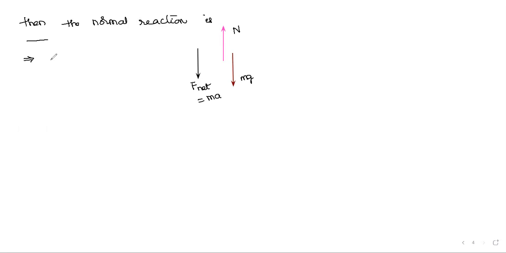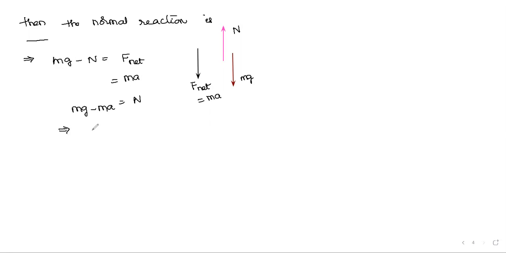That implies the downward force is greater. So mg minus N is equal to F net, which is equal to ma. So just interchange the two terms. N is equal to mg minus ma.